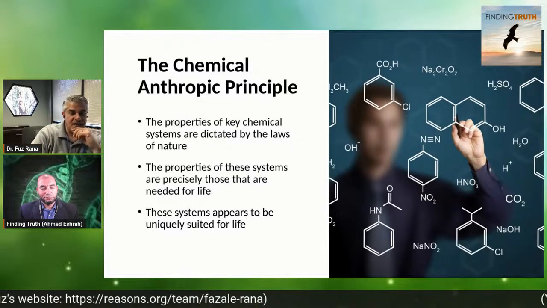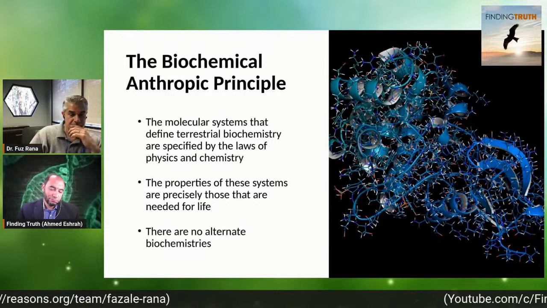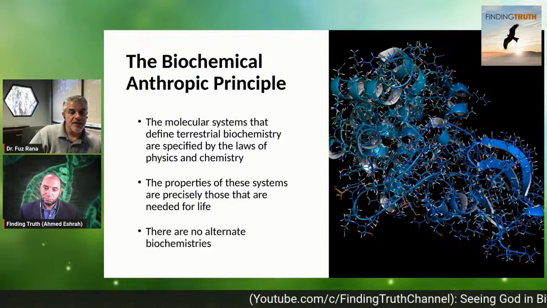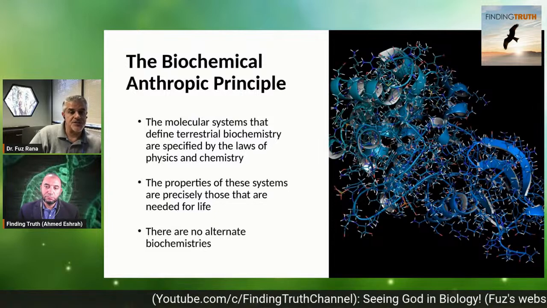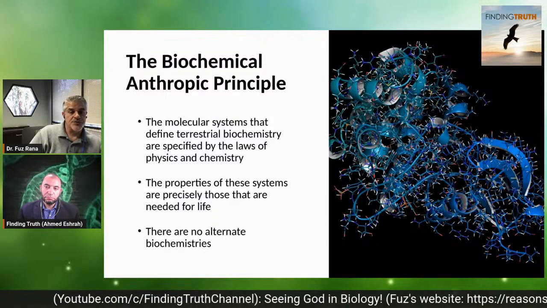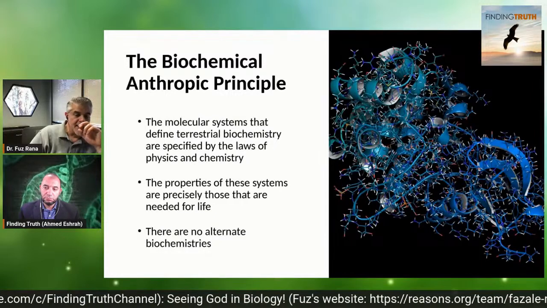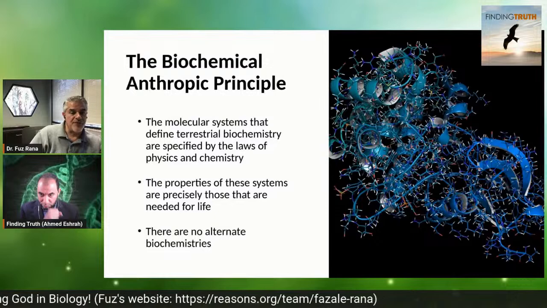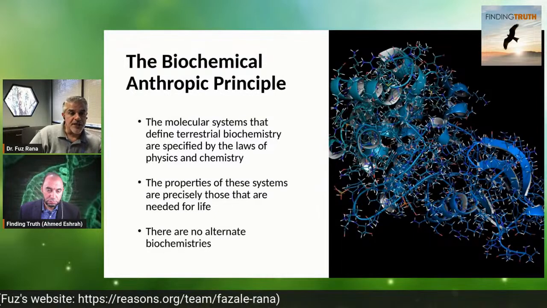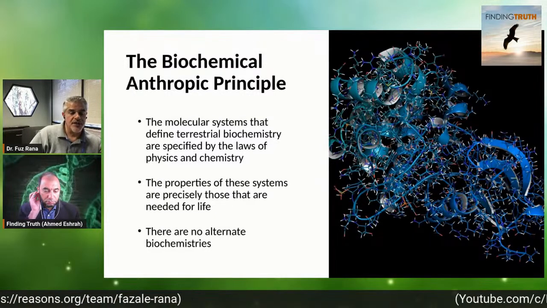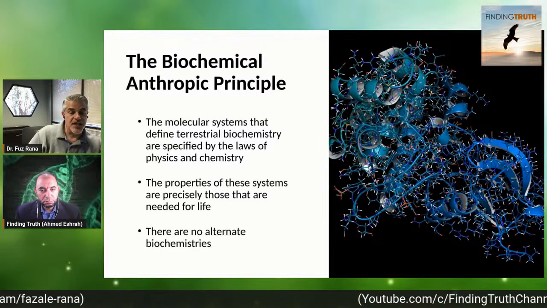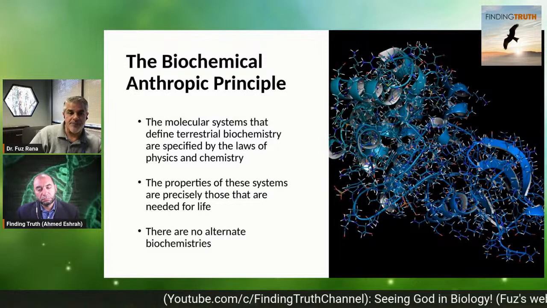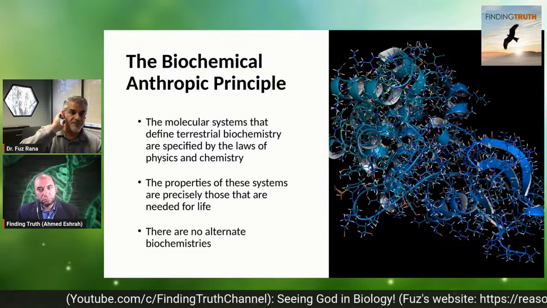So I took that idea and I asked the question, in the book, does the anthropic principle apply to biochemical systems? In other words, are the molecular systems that define life actually not the product of an unguided, historically contingent evolutionary process, but fundamentally constrained and predetermined by the laws of nature?